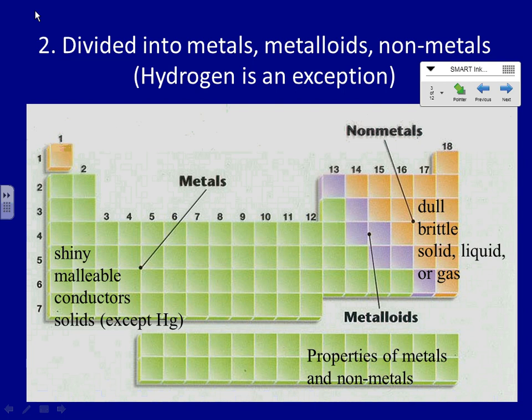And then once you come down the side of boron and you cut across, as you work that way across, you will have the stair-step line. So in this case, our stair-step line runs along here like this. All right? And you'll notice here that the ones flanking the stair-step line are what we call the metalloids, and they have properties of both.